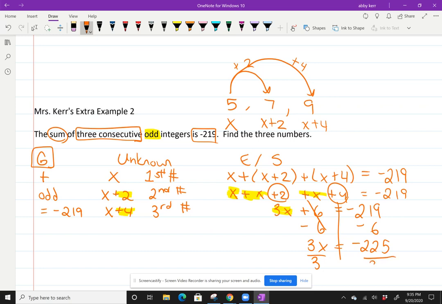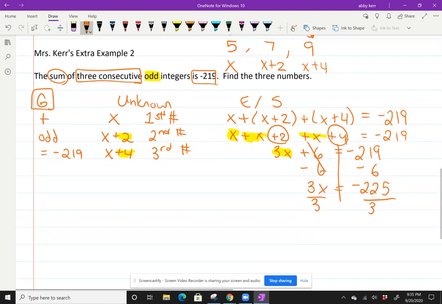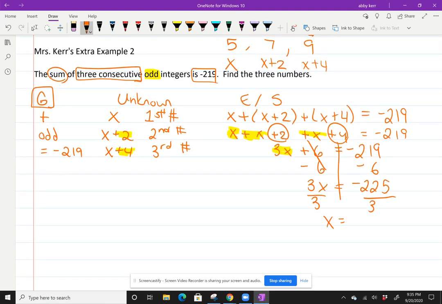Divide by 3. Negative 225 divided by 3 gets us negative 75. Awesome. Notice that I said awesome because we have an odd number. That's exactly what we're looking for. Now, because it's negative, you have to be careful here.